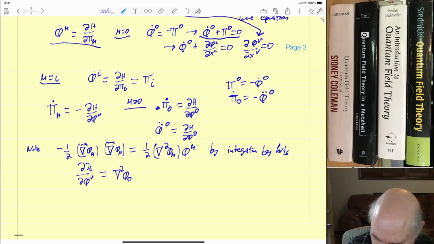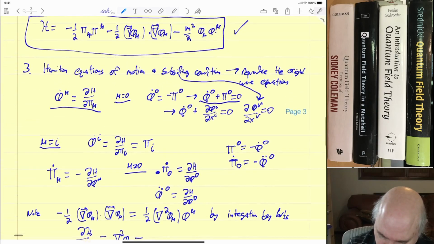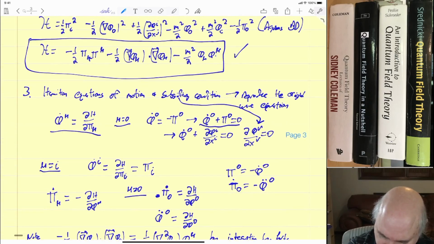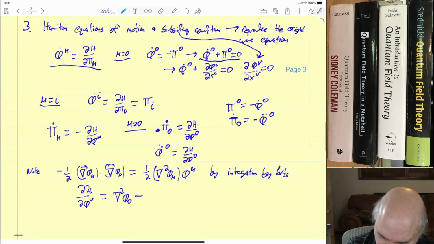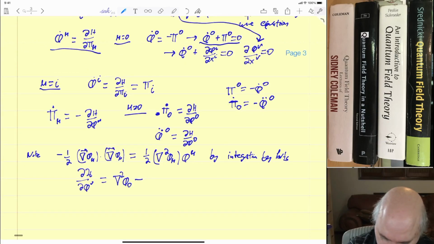Basically, when you take one derivative here, you get this term, and then move the del squared onto that, and you get a half plus a half. So that, and then from the Hamiltonian density here, this is minus m squared over 2 phi 0 squared. So the derivative of that is just minus m squared phi 0.